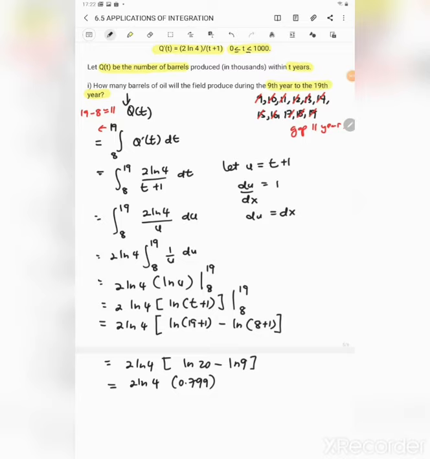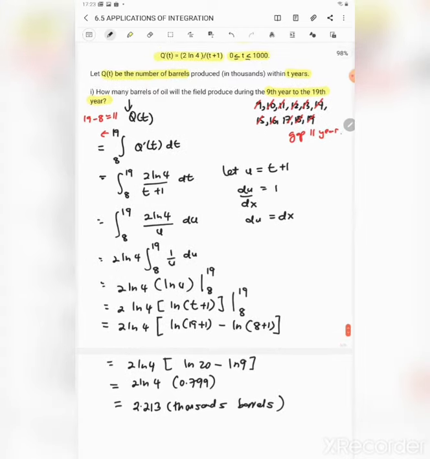The value for ln 20 minus ln 9 is 0.799. Multiply with 2 ln 4, we get 2.213 thousand barrels. So this is the step for number 1.